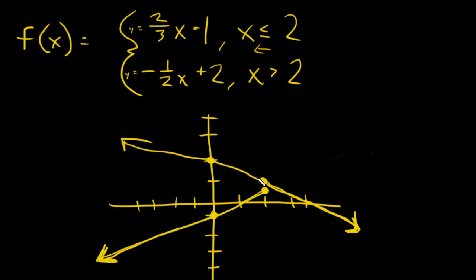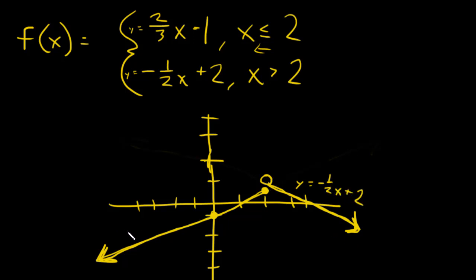So when I erase everything over here, like so, I need to make sure that the circle that indicates x equals 2 is open because it does not equal that value. So this one is y equals negative 1/2 x plus 2. That's that function.